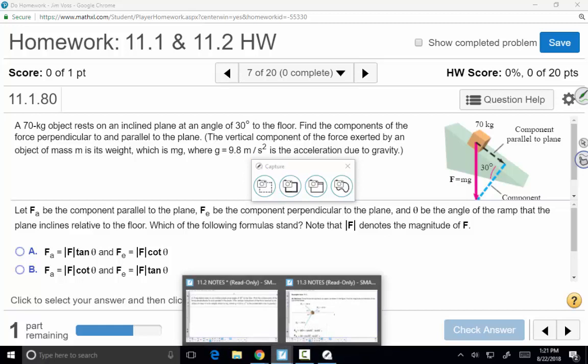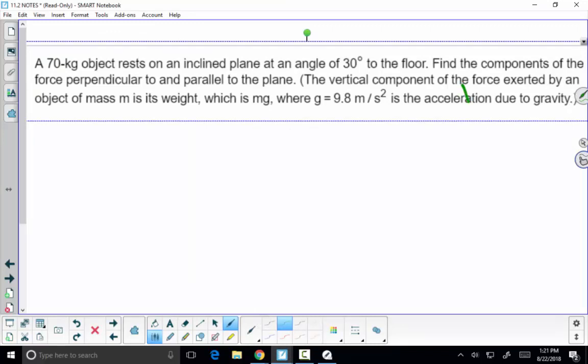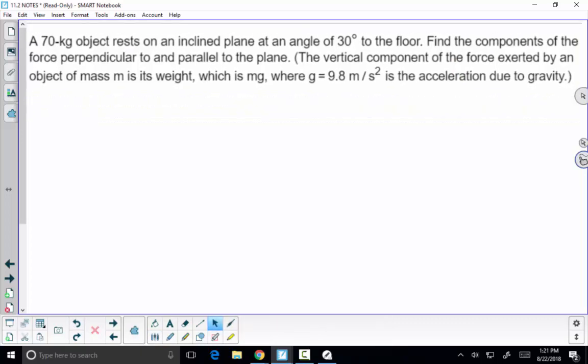With this ramp problem, the big key is to draw your triangles very carefully. If you draw them carefully and you don't get too much stuff in the way, it will work out well. So first, let's imagine a ramp.